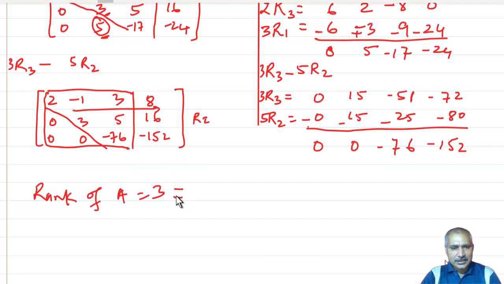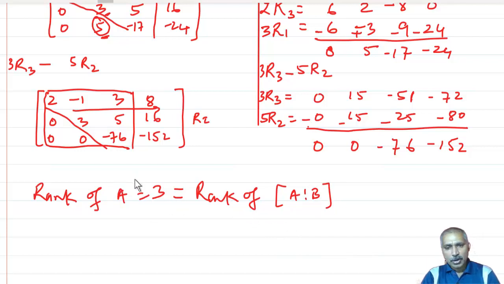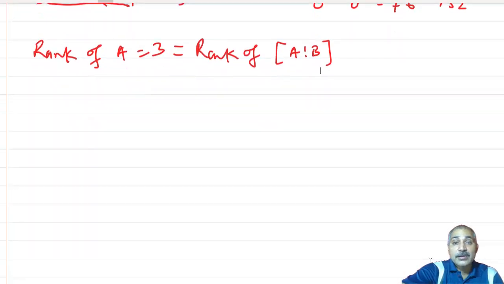That is the same, 3 is the rank of the augmented matrix AB. Now the rank of both matrices, A and its corresponding augmented matrix, are the same. That clearly shows that the given system of equations is consistent.